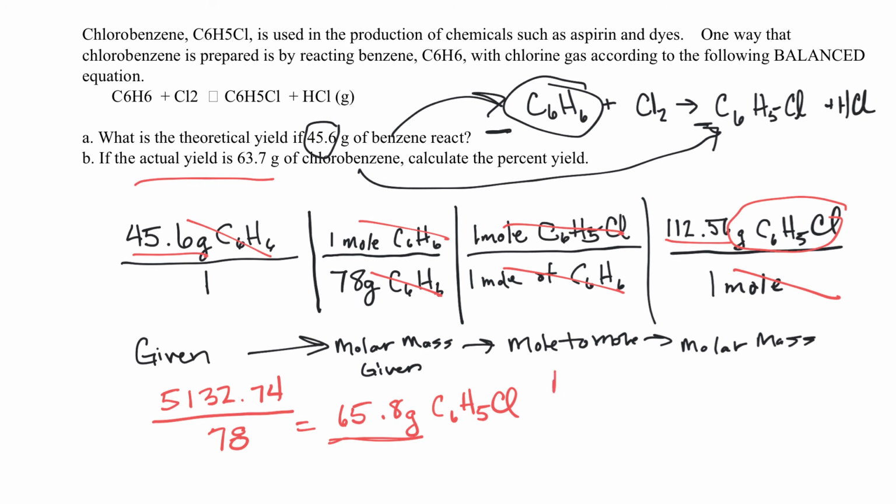So 63.7 grams divided by 65.8 grams, and so your percent yield would be about 96.8%.